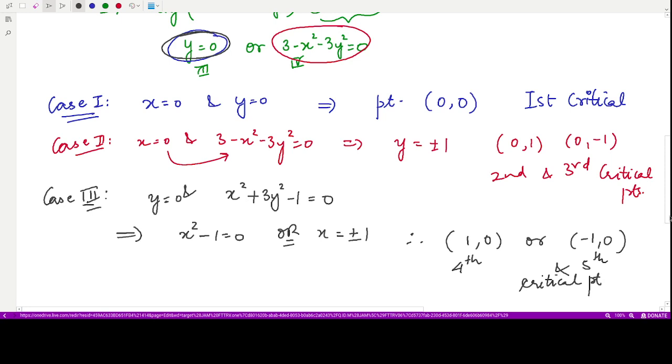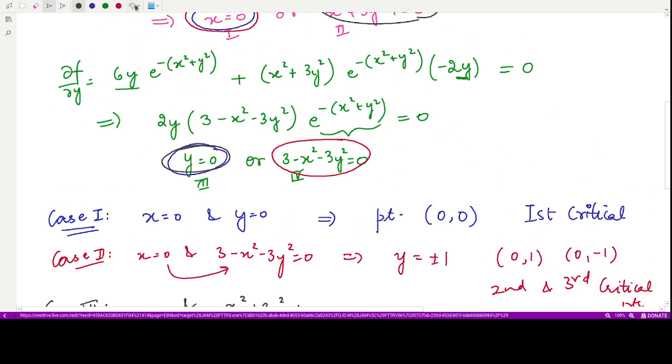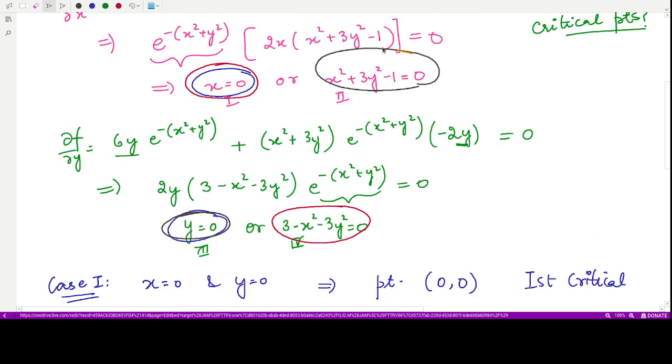For the last possibility, in the last case, you may have this term and this term together. Let me write down here case number 4. In case 4, you have x square plus 3y square minus 1 is equal to 0, and simultaneously you have 3 minus x square minus 3y square is equal to 0.